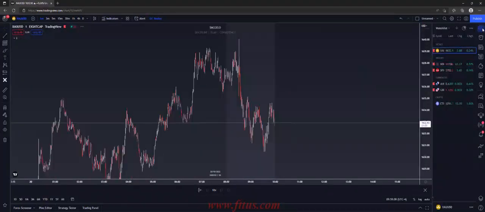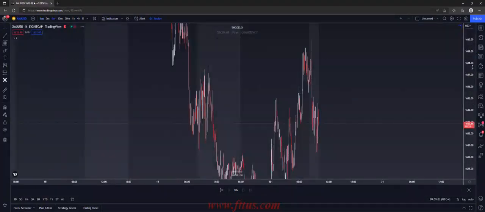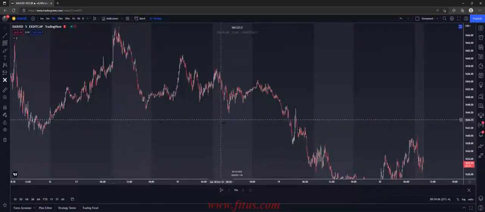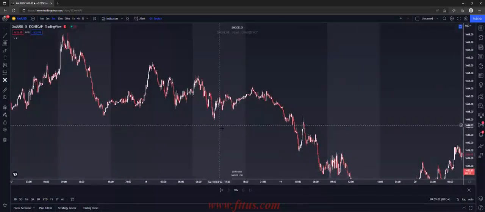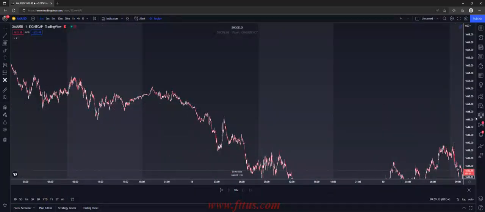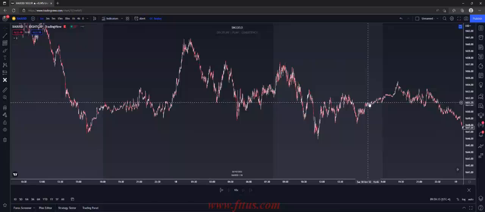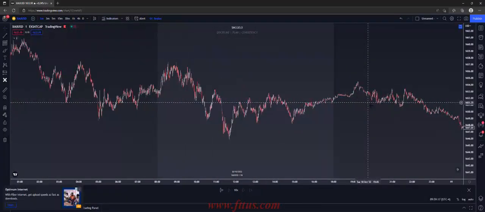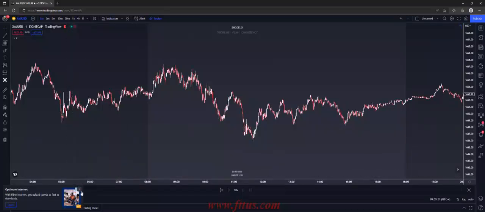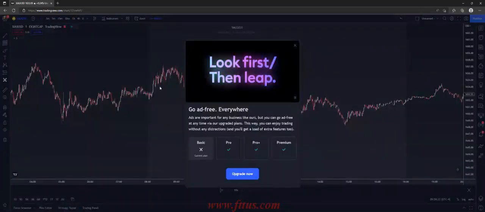Now for gold, we took a setup on Tuesday. So let's go back. Now if I remember correctly, where was this setup?